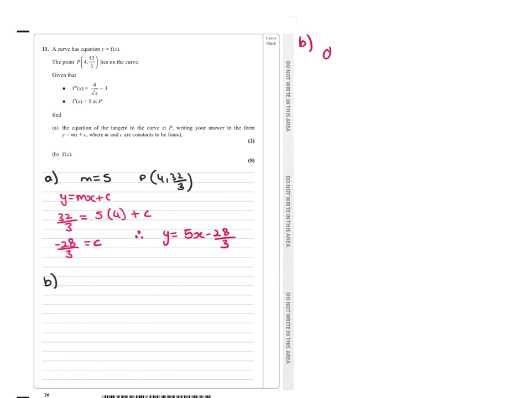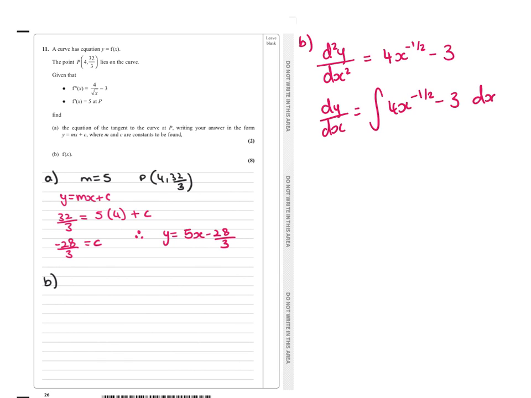First of all, this is d2y by dx squared equals 4x to the power of negative a half minus 3. Okay, so if I integrate this, I'm going to get dy by dx. So dy by dx equals 4x to the power of minus a half.